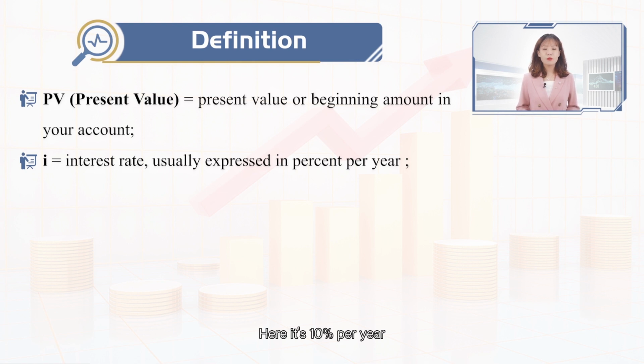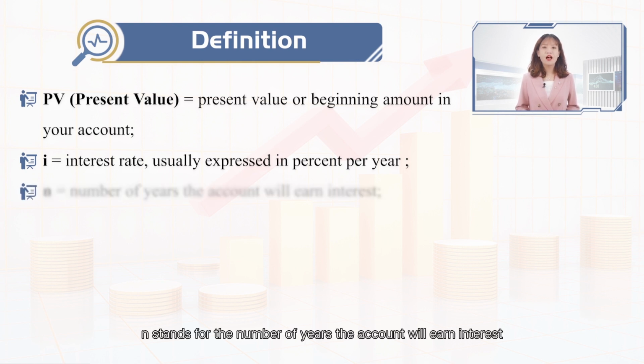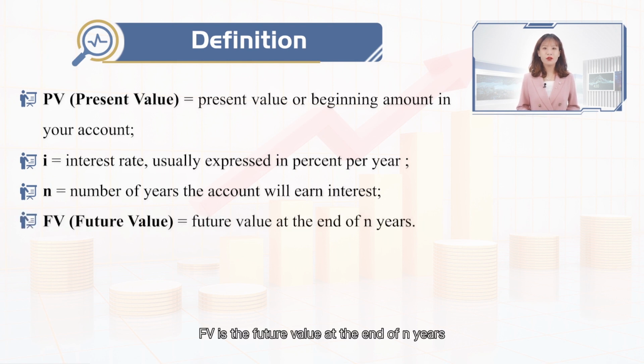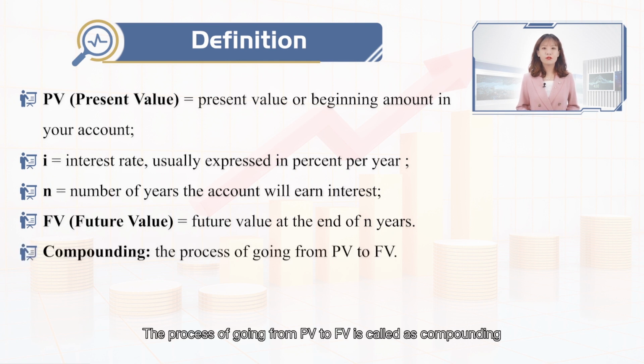Here it is 10% per year. N stands for the number of years the account will earn interest. Here it is 3. FV is the future value at the end of n years. The process of going from PV to FV is called compounding.